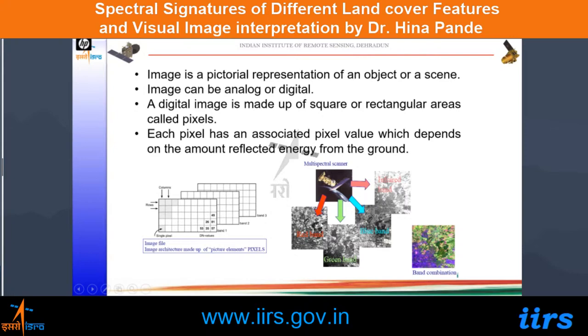As soon as I change this true color combination and include, say, the infrared band, I visualize the infrared band through the red band, the red through the green, and the green through the blue, then it will be called a false color composite, FCC. I am not in any way restricted to using only a particular band combination. I can use any band combination, as I said earlier.